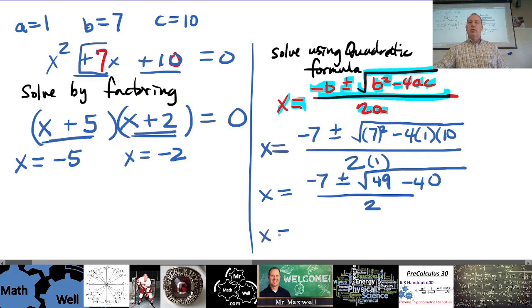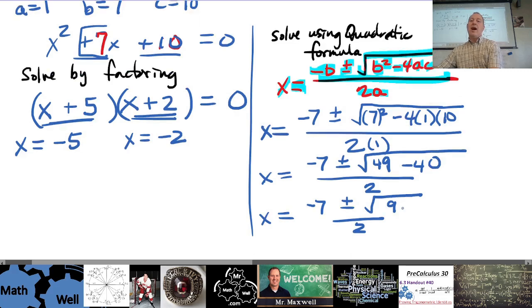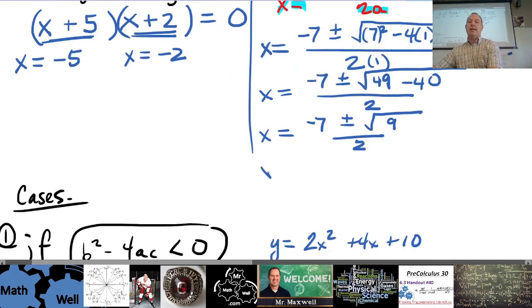You'll be able to do some of this in your head, but I'm just showing every step, doing the long way. So this is going to be what? Root 49 minus 40 is 9, over 2. Well, this is really handy because root 9 can be simplified, right? So that's going to be negative 7 plus or minus 3 over 2.